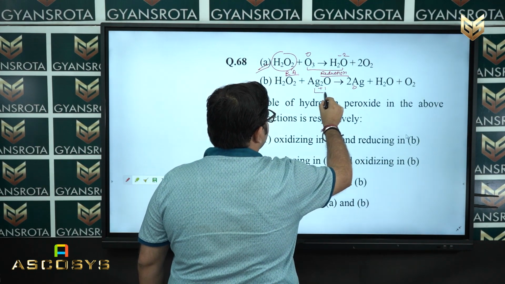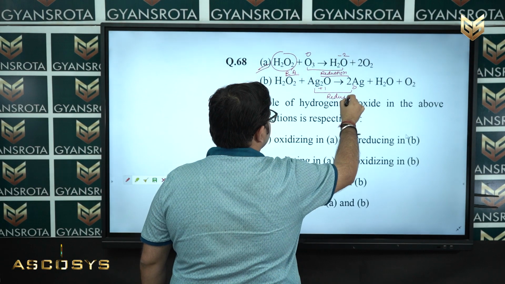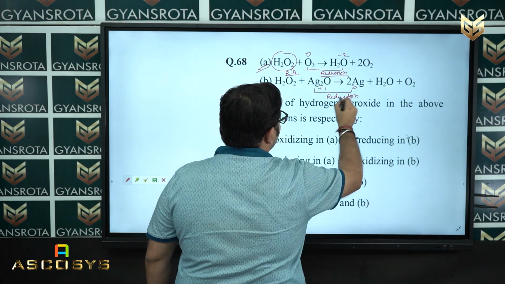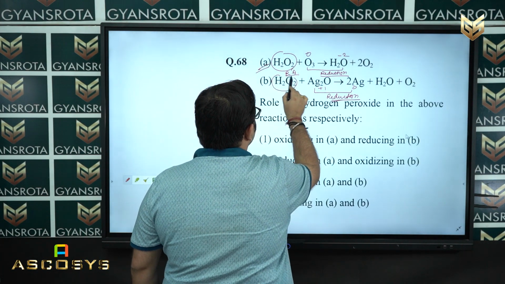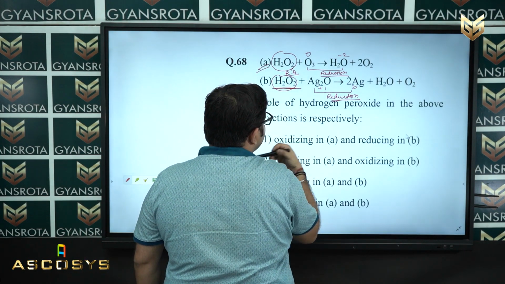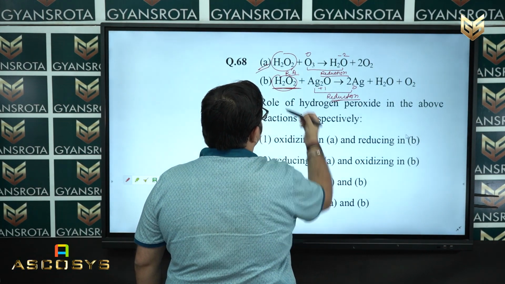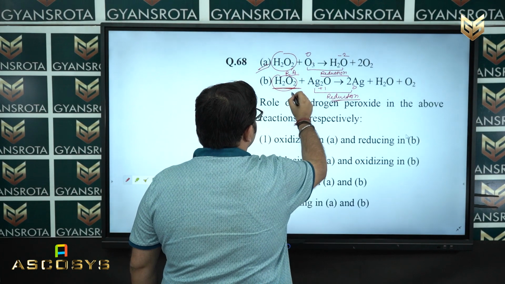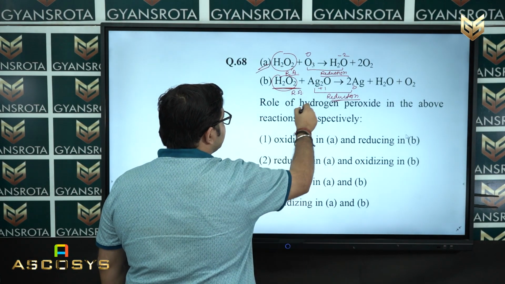Now, in this case also the reduction takes place, right. So, who will do this reduction? Your hydrogen peroxide. It means this reagent, hydrogen peroxide, will help the reduction process take place in both reactions. So, this also acts as a reducing agent for this reaction.